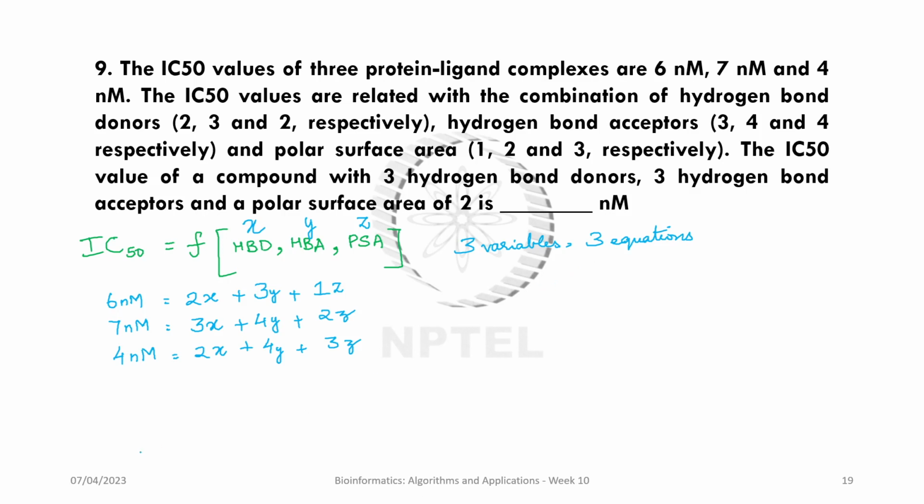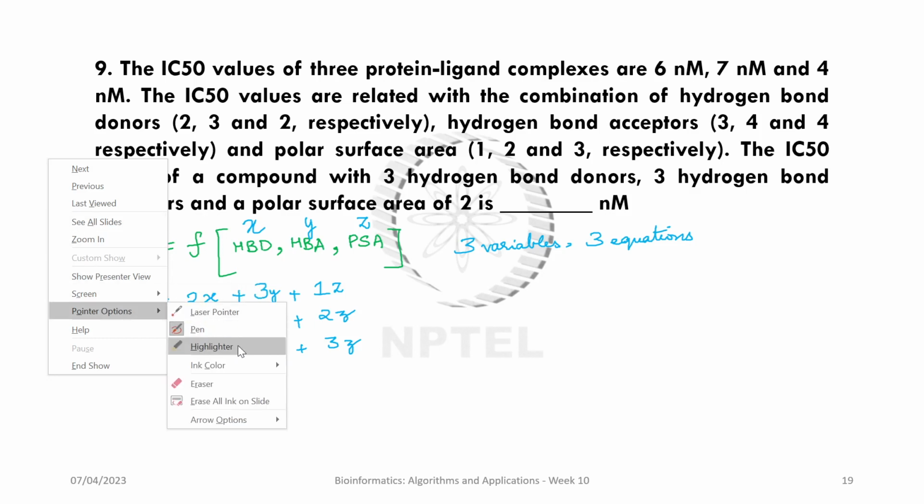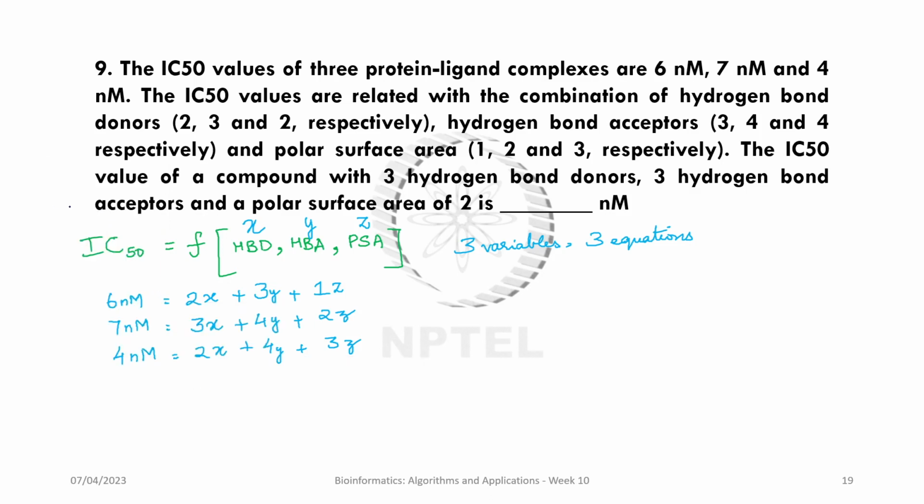So I'm going to use my calculator to enter these values. I'm going to use a different color so it's easy on the eyes and more visible. So we'll be using a matrix to solve. I'm writing the values for hydrogen bond donor, acceptor, and polar surface area here.